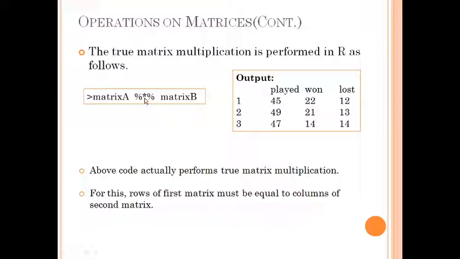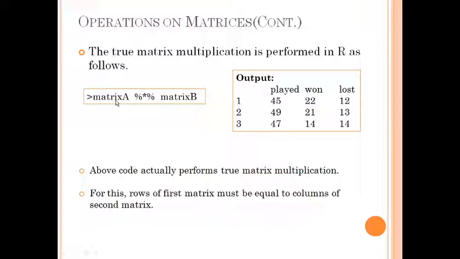To differentiate between the dot matrix operator and the true matrix multiplication operator, the multiplication operator symbol is slightly changed. There are two percentage symbols with an asterisk enclosed within them.